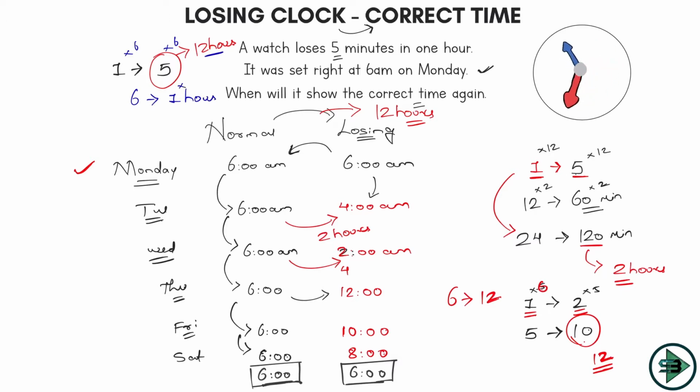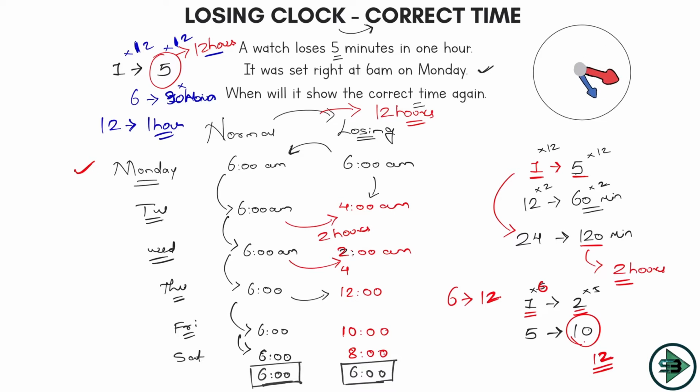In 1 hour, it loses 5 minutes. Oh, this is not. Let's multiply this by 12. Yes, if I multiply this by 6, it will be 30 minutes, right? Not 1 hour. But if I multiply both sides by 12 directly, what will I get? In 12 hours, it loses 1 hour.